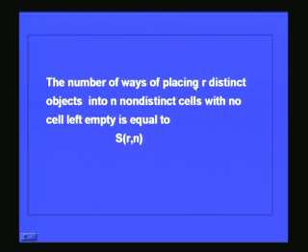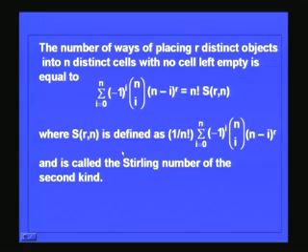The number of ways of placing r distinct objects into n non-distinct cells with no cell left empty is equal to S(r,n), and we have already seen that S(r,n) is this, bringing this n factorial this side, it is 1 by n factorial sigma i is equal to 0 to n minus 1 power i, nCi, (n minus i) power r.